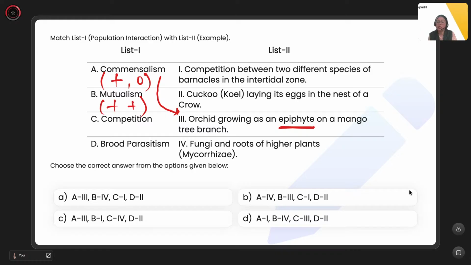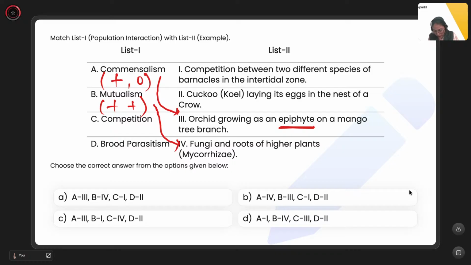What does this mean? That here two species which are interacting with each other, both are getting benefited from each other. So if you look at list 2, beta, which example do you see where both are getting benefited from each other? It is fungi and roots of higher plant. So this mycorrhizal association, which we see in the roots of Pinus, here the fungi gets a place to live. Okay, the fungi absorbs phosphorus and gives it, and protects the plant from drought conditions. Okay, and the plant is providing space for the fungi to grow.